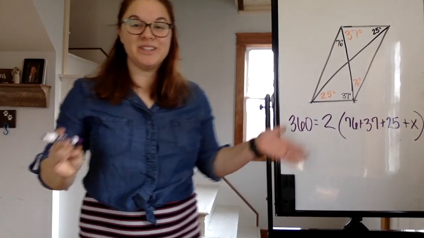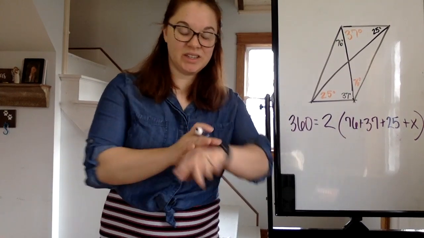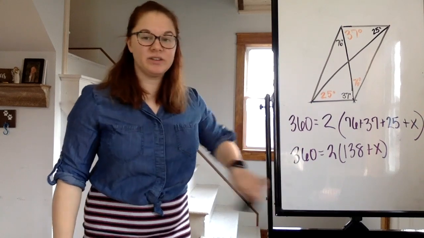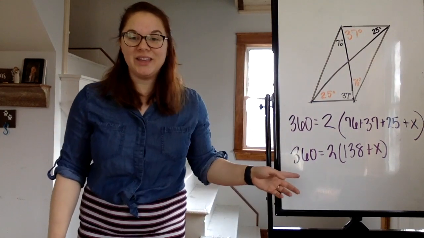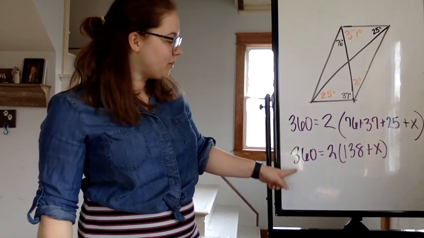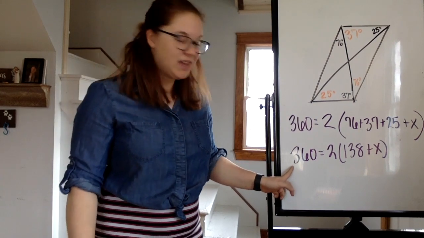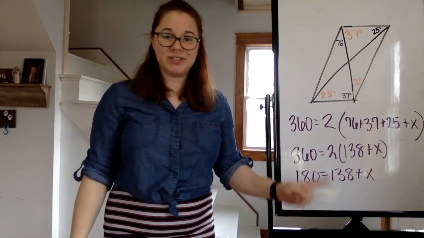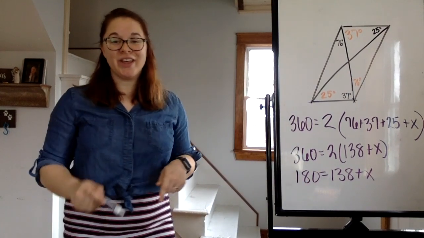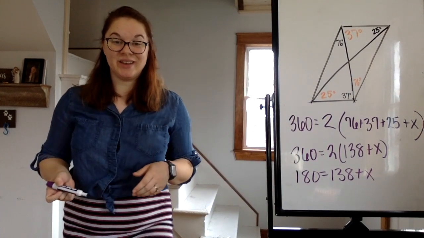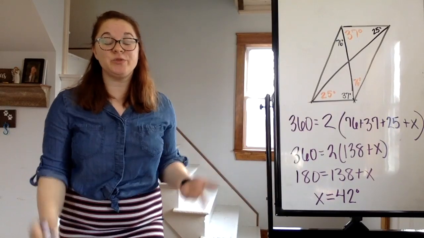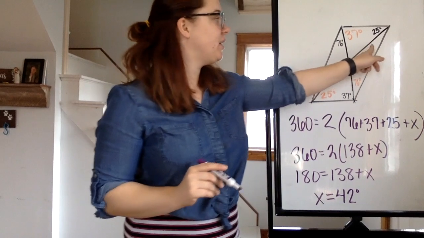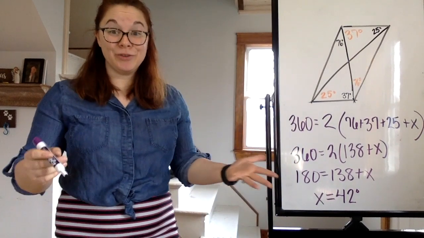What I can do is start by simplifying this. So now that I have this simplified, I just added those three together. I can start to solve for x. So now I'm going to start by getting this 2 out of here. So I'll divide both sides by 2. Then I just subtract the 138 from both sides, and I get x equals 42 degrees. So what that means is both of these angles are 42 degrees.